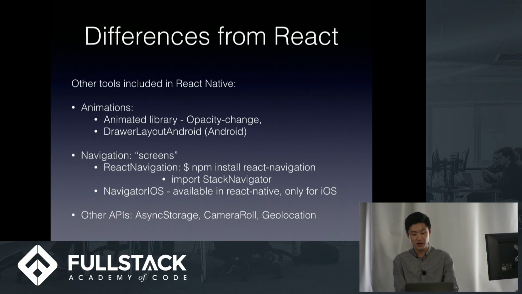And the Navigator iOS is a different way to navigate through screens, and it's only available for iOS. Some other APIs that interact with the phone itself, there's async storage, camera roll, and geolocation.